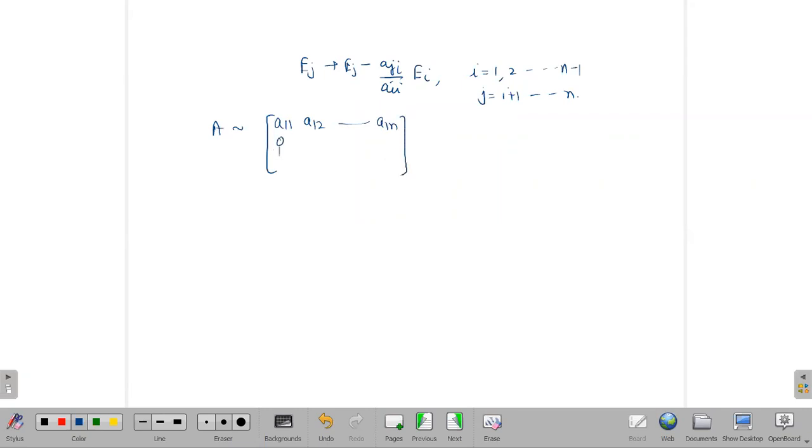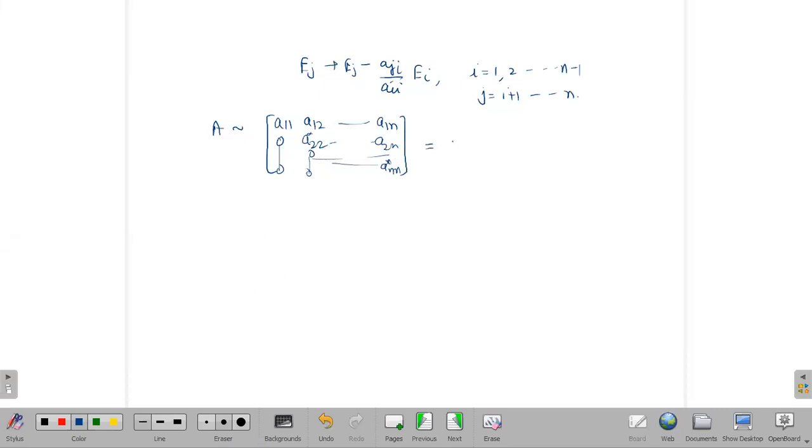If I take a general operation, EJ minus AJI divided by AII into EI, where I is running from 1 to n minus 1, and J is running from I plus 1 to n, then our matrix will reduce to A11, A12, A1N, then 0, A22, where these entries will change, A2N, and then this is also 0, 0, ANN star.